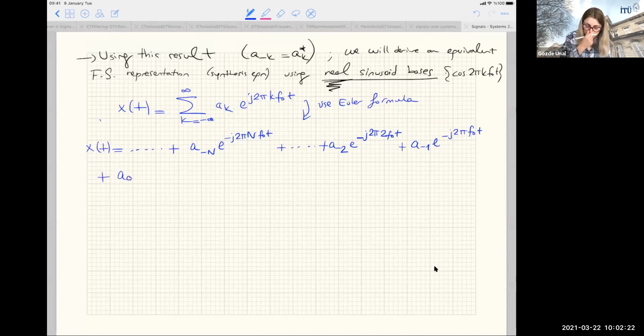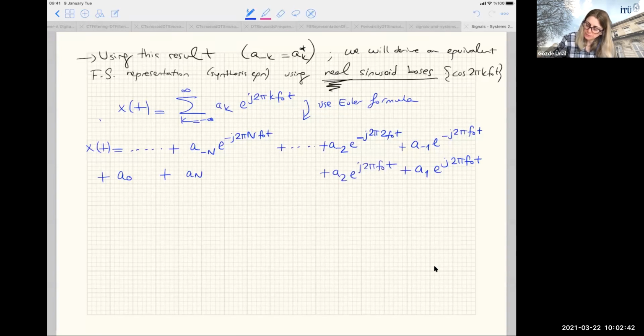Now go to the plus versions of these guys. On purpose, I will write them like this: a1 e to the j 2 pi f0 t, plus a2 e to the j 2 pi 2 f0 t.